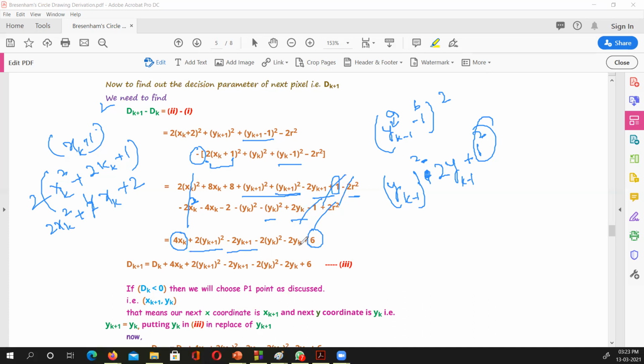Okay, ये कहाँ से आया, ये twice yk square, that is here is yk square 1, and there must be another one here to make it twice yk square. Okay, you have to recalculate this and see if it comes to this or not. So let me clear the clutter and see, clear all drawings.